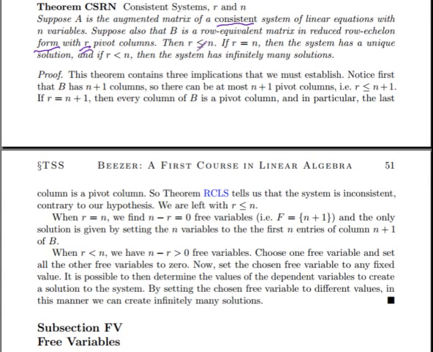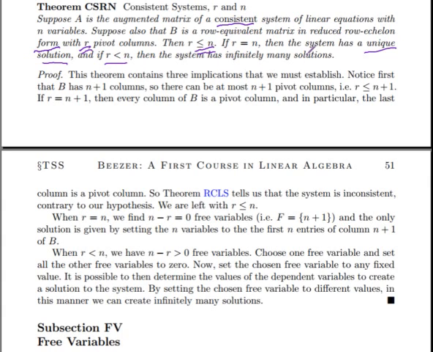All right. Then r is less than or equal to n. Okay, we know that because the number of pivot columns is less than or equal to the total number of columns that correspond to variables. The last column cannot be a pivot column, so the number of pivot columns must be less than or equal to n. Now, if r is equal to n, then the system has a unique solution.